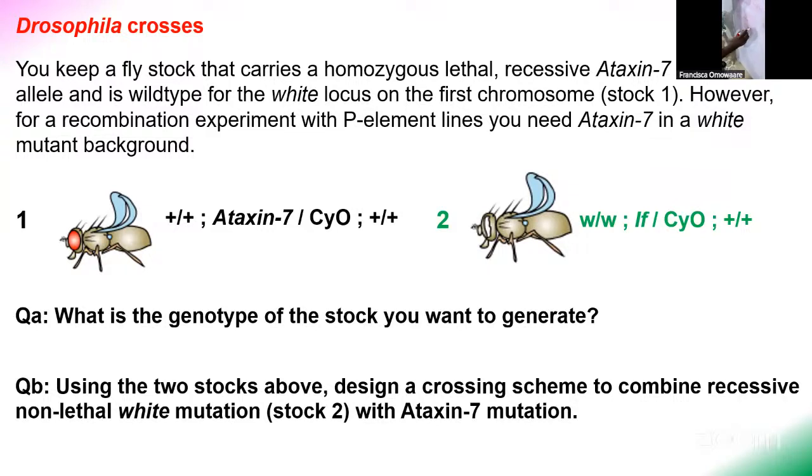Now we cross that to a virgin female. Note, you must use virgin females anytime you're setting up crosses. And that is W over W, and this is IF over curly.